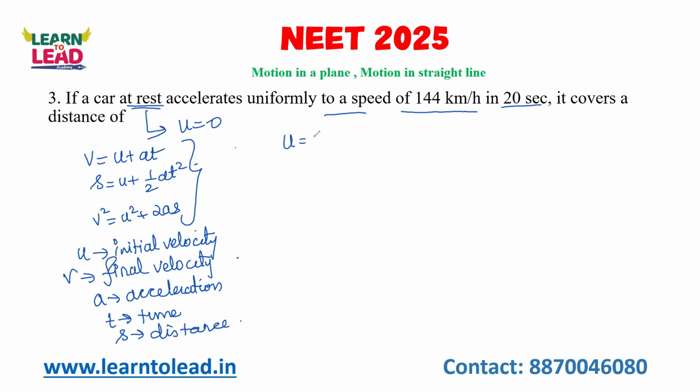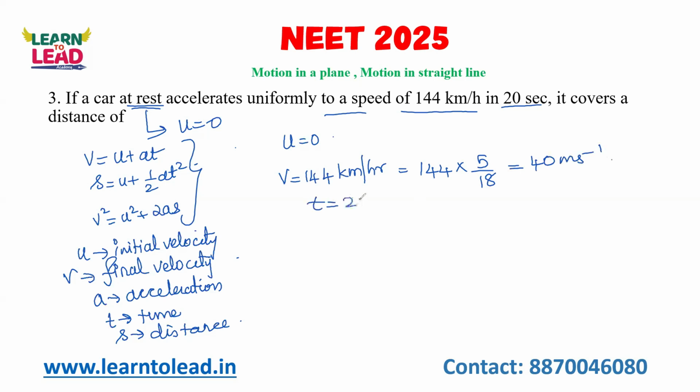If a car is at rest, initial speed is 0. It moves to a speed of 144 km per hour. So how will you convert kilometer per hour to meter per second? You multiply by 5 by 18. If you cancel, you'll get 40 meter per second as your final velocity.